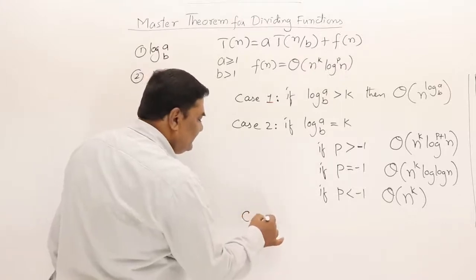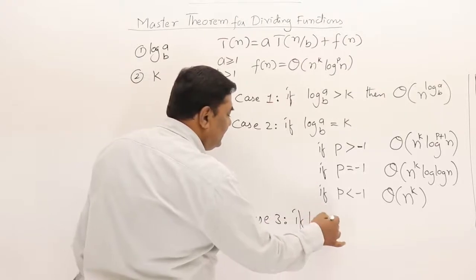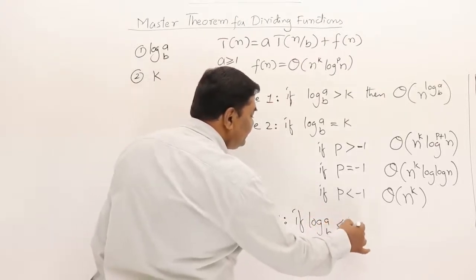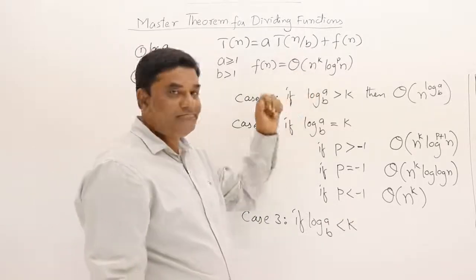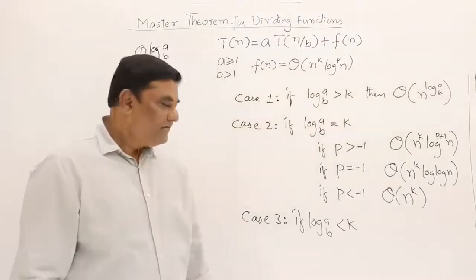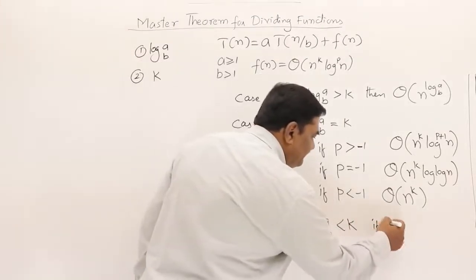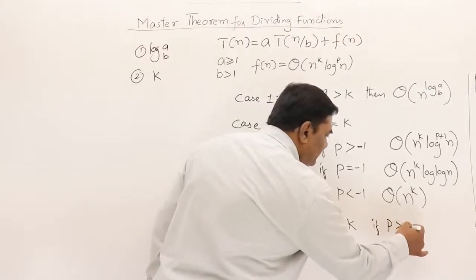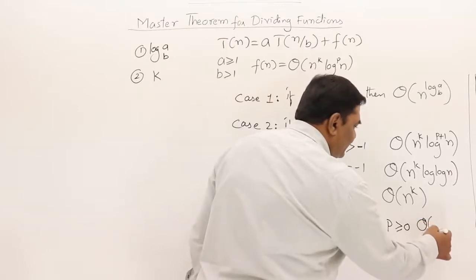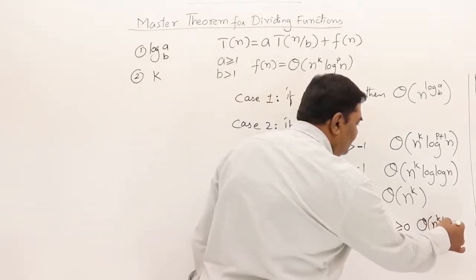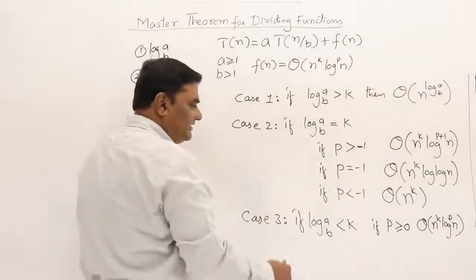Then case 3. If log a base b is less than k, meaning this n power k is greater. Again, there are two cases here. If p is greater than or equal to 0, then the answer is theta of n power k log n power p, as it is, same thing.